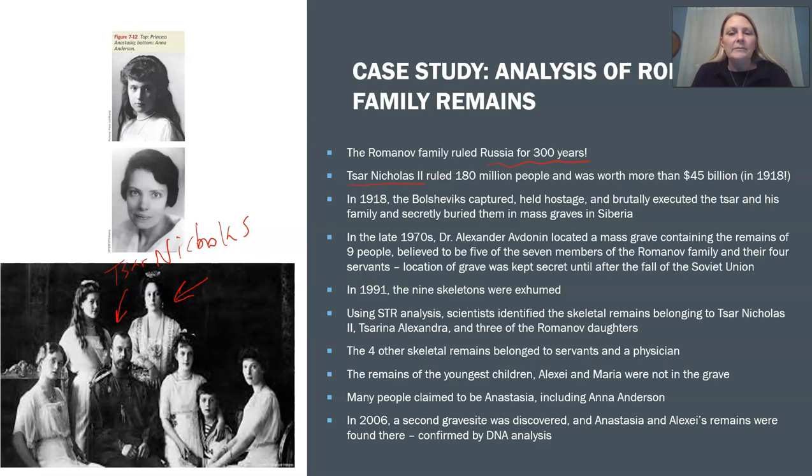Well, there were people called the Bolsheviks who did not like the Tsar, and so they captured the family, and ultimately they killed them. They think they shot them, and if they didn't die when they shot them, then they stabbed them with a bayonet or something like that. And then they buried them together in some mass graves.